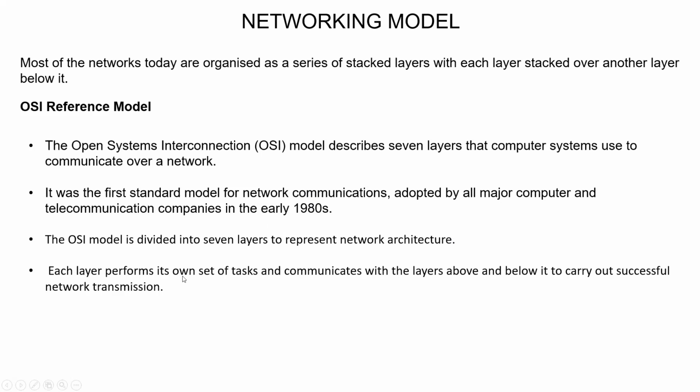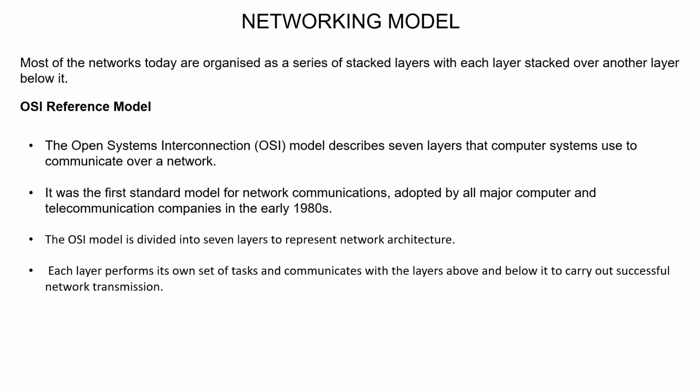This model is divided into 7 layers to represent network architecture. Each layer performs its own set of tasks. Means an assignment or specific functionality is given to each layer, so that the responsibility for successful network transmission is defined. Are you getting this?